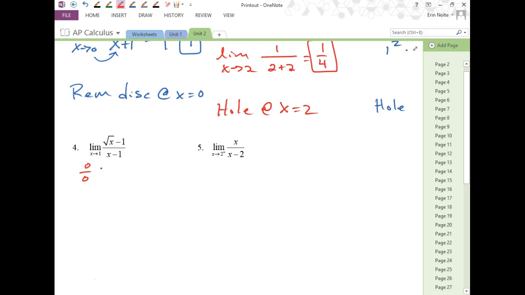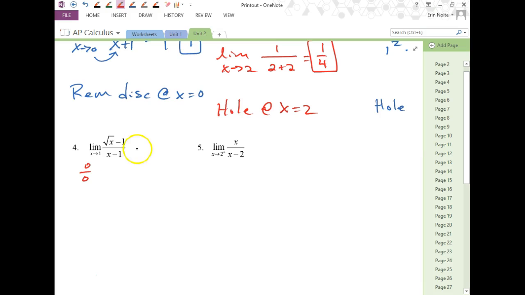Okay, but when we multiply, remember that we can't just square it, or we're changing the whole equation. If I square something, then it's changing its value. But I'm going to multiply by the value of 1, but I'm going to multiply by the conjugate of the square root. Okay, so the conjugate of the square root piece, what's the conjugate?